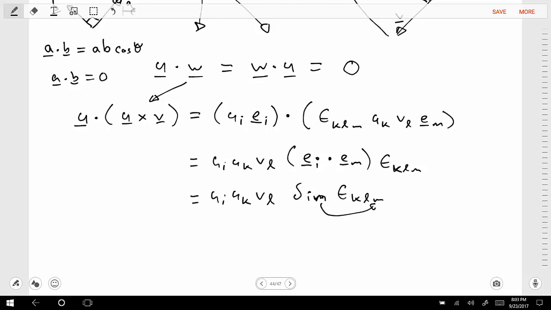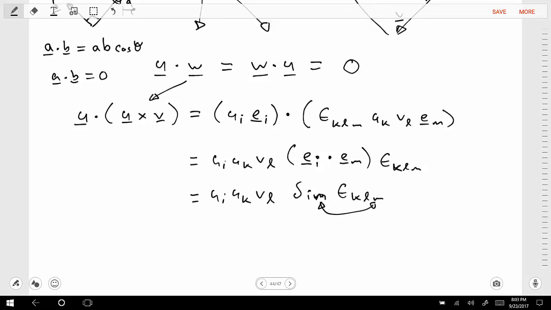And let's note that the last index on both the Kronecker delta and the permutation is m, so we can contract this further, knowing our permutation is simply a bunch of zeros and ones, depending on their position. We can find u_i, u_k, v_l, permutation epsilon_kli.